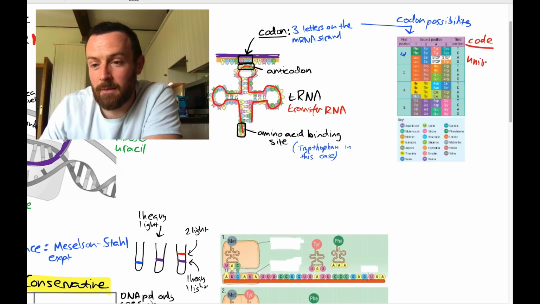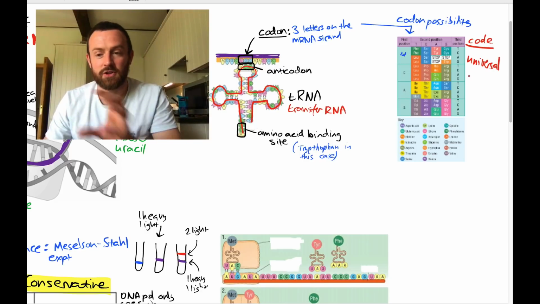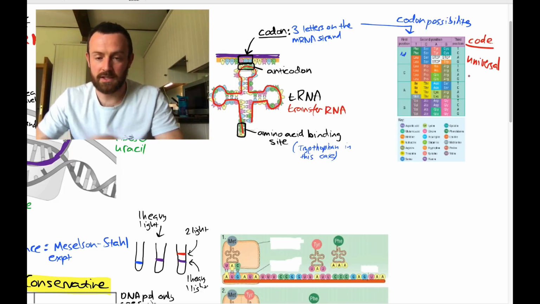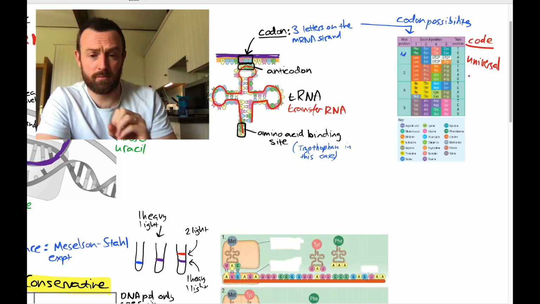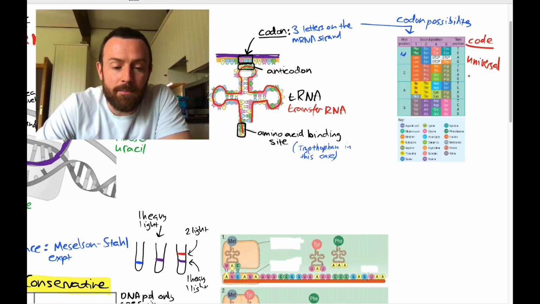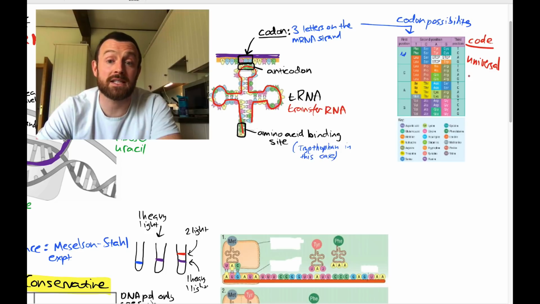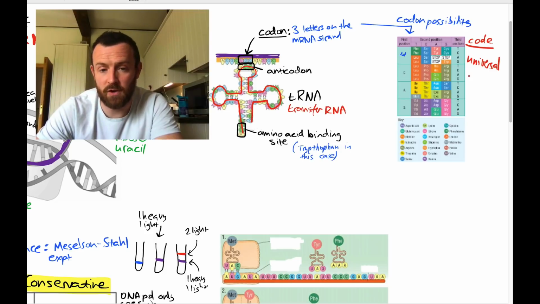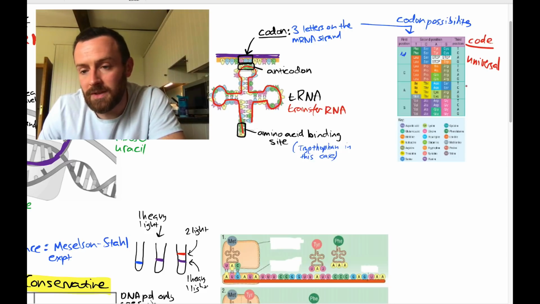Universal means that every single living thing that we know of uses the same code, from plants to animals to bacteria to protozoa. Everything, and that is really strong evidence that we all evolved from a single common ancestor, which was the first one to have that code. So it's a universal code, but it's also degenerate.